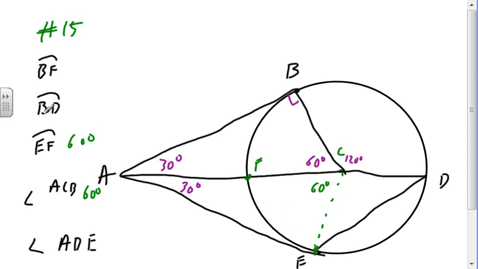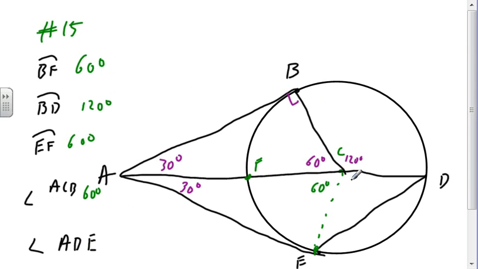Arc B to D would be 120. B to F, 60. So now we're working on A, D, E.